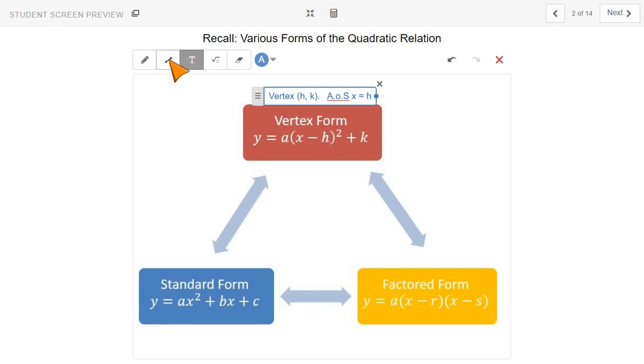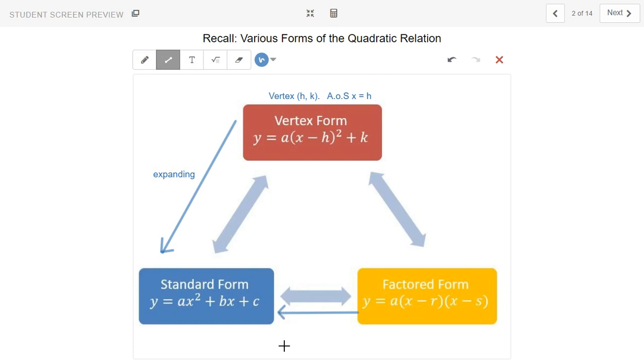When we get to standard form, we go to standard form by expanding. Same as going from factored to standard, we're going to expand. Standard form is probably the most versatile form that we have because using standard form, we can find a lot of information.